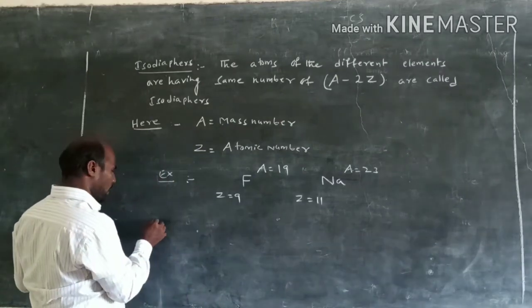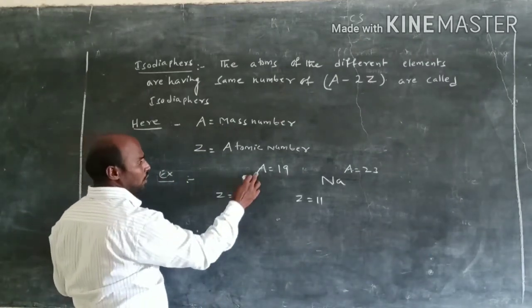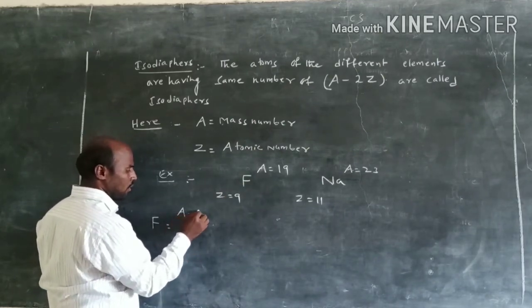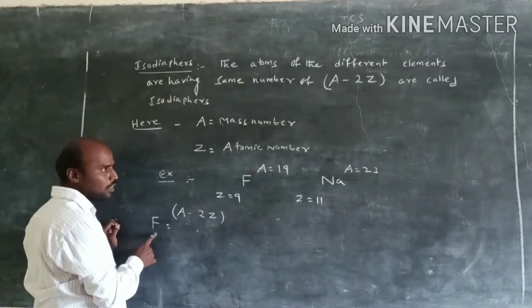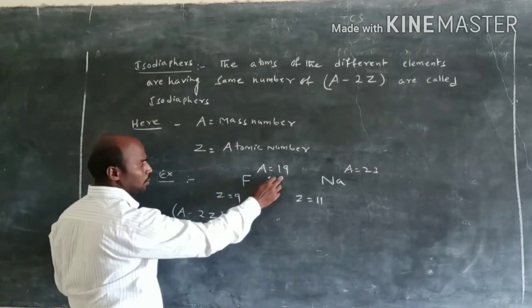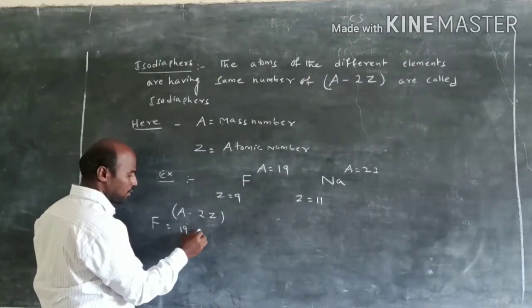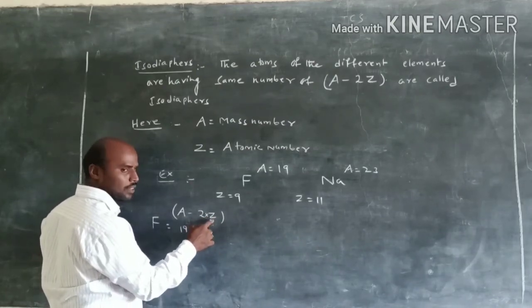Now we can take the fluorine atom. What is the formula? A minus 2Z. In the fluorine atom, what is the mass number? 19 minus 2 into Z. Z means atomic number.